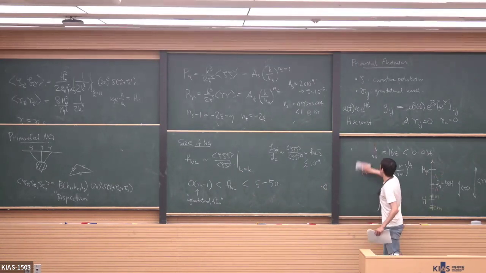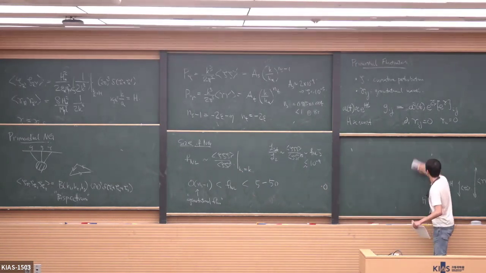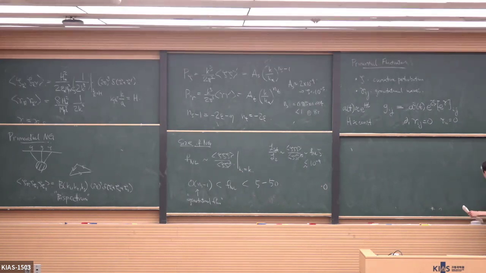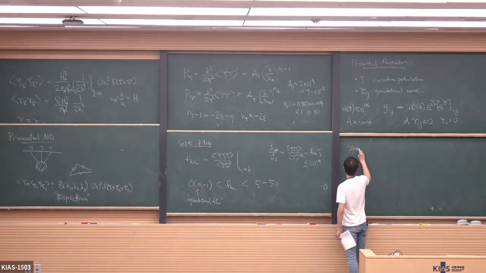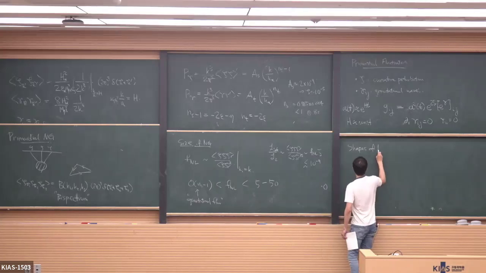So I guess I have one more minute. Let me briefly mention the types of shapes we can have for this non-Gaussianity.